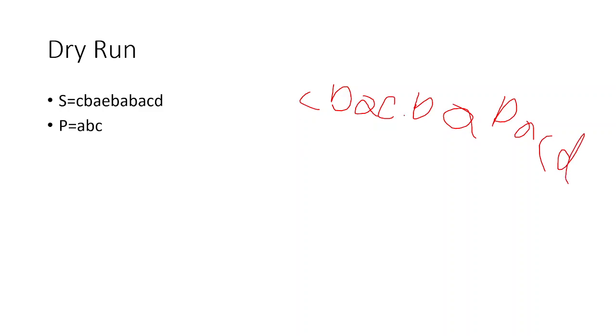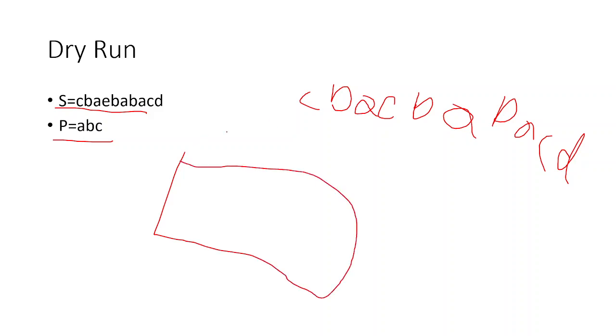So we are taking two vectors of size 26. One is for the P hash and another for the S hash, right? For now I'll just take 5 letters, just imagine that it is still Z, okay?